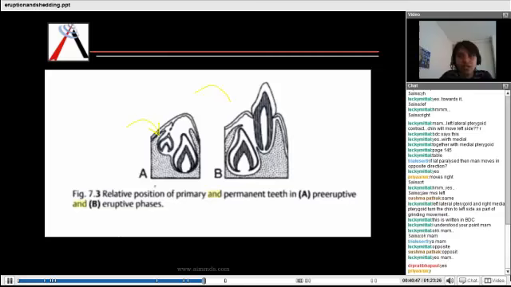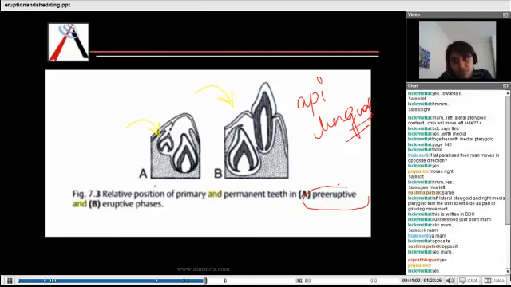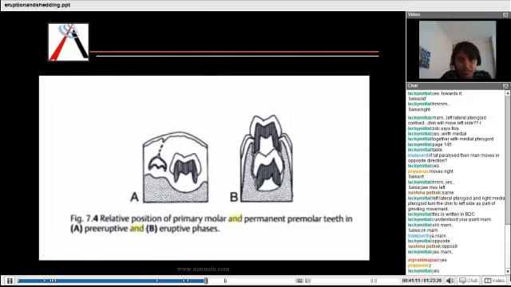But in the eruptive phase, the permanent tooth bud is positioned lingually and apically. You can say it becomes apicolingual in position. This depends on the phase. There has been an MCQ on this particular point, so be careful.